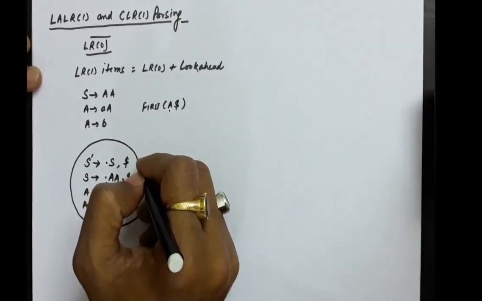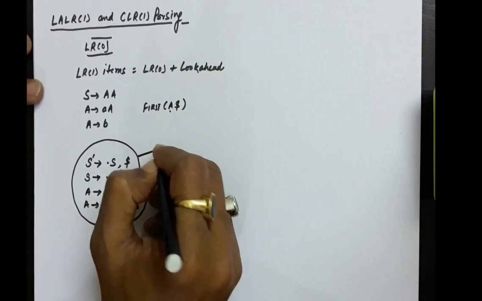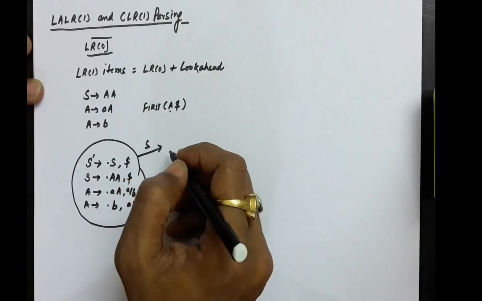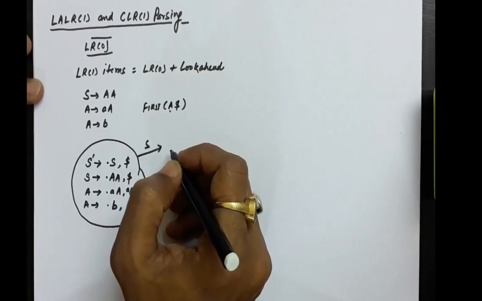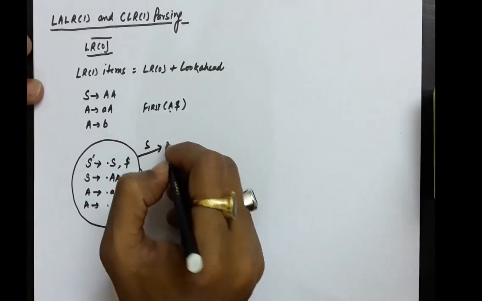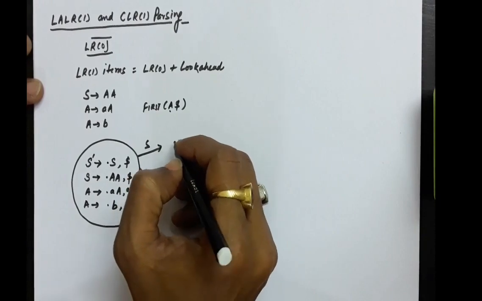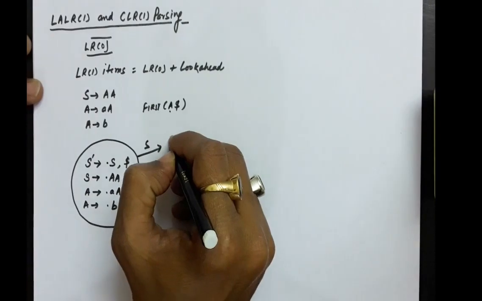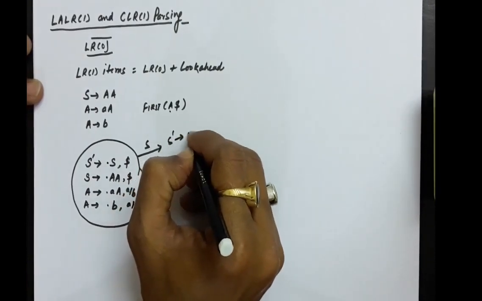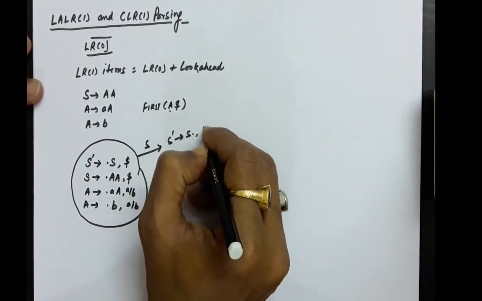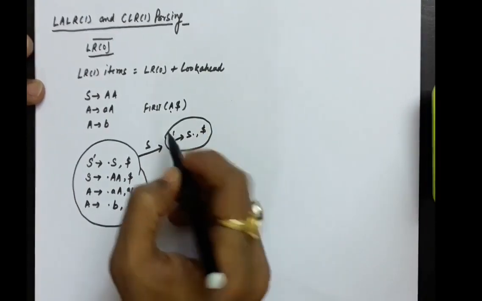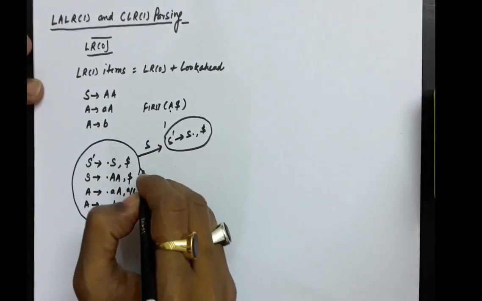Now if you start making the transitions, the method remains the same. With capital S, you are shifting the dot. So S' produces S dot, and the lookahead remains the same. So this is state number 1.